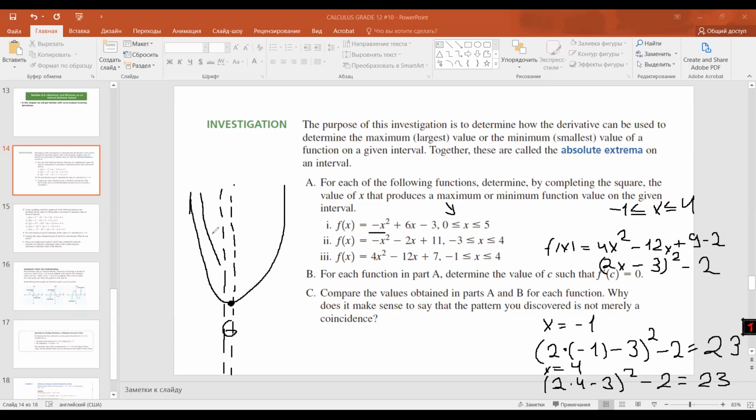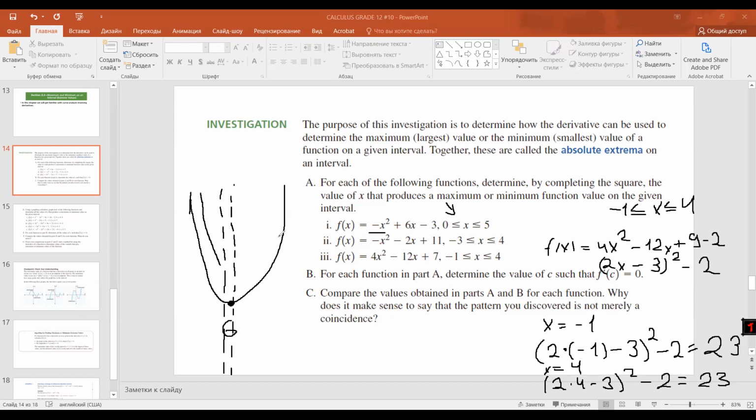Oh, wait. The value of x produces the max or min value given on the interval. Wait, what is it asking us? For each of the following functions, determine by completing the square the value of x that produces a maximum or minimum function value on the given interval.